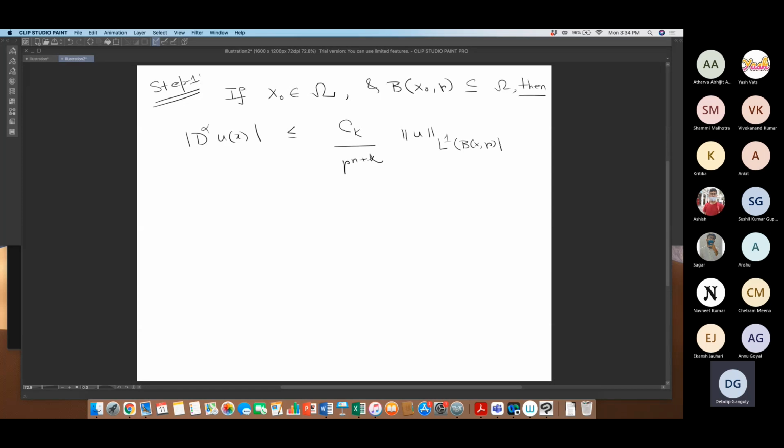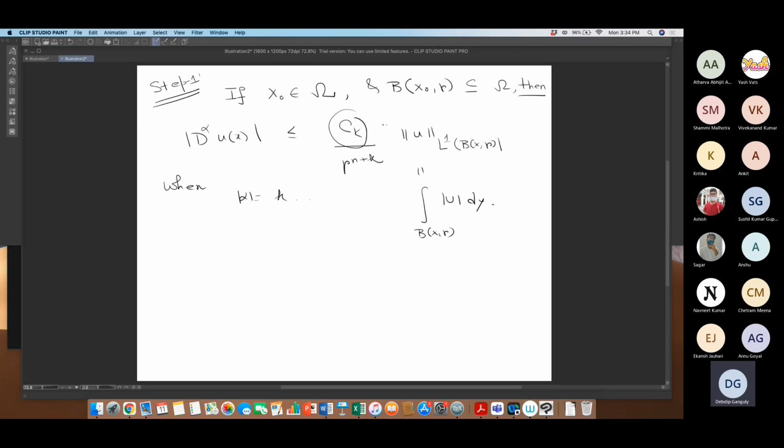You know what the L1 norm is: it is nothing but the integral of U over the set B(x, R). This should hold when mod alpha equals k, where we explicitly know the constant C_k. Now remember what we have for the first order derivative.